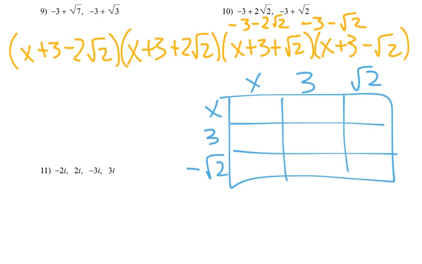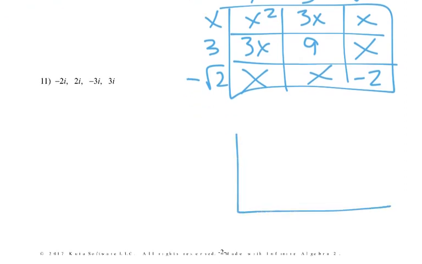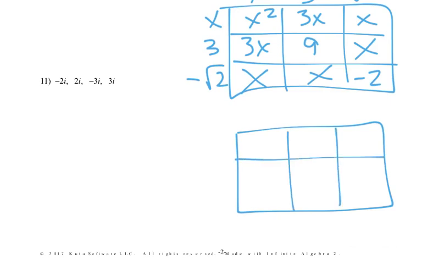Now, if you have paid attention, you probably realize that's going to eliminate, and those two are going to eliminate. This is going to end up being negative 2. This will be 9, 3x, 3x, and x squared. Okay, so I'm going to end up with another one of these.